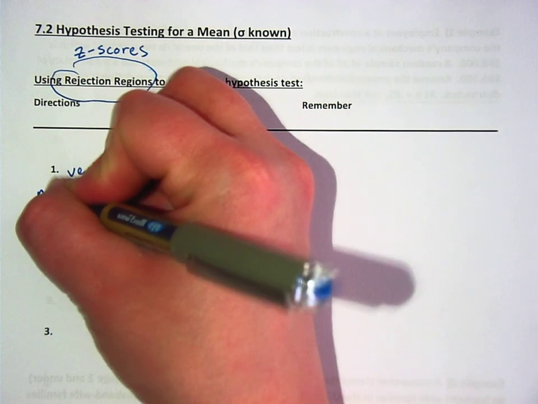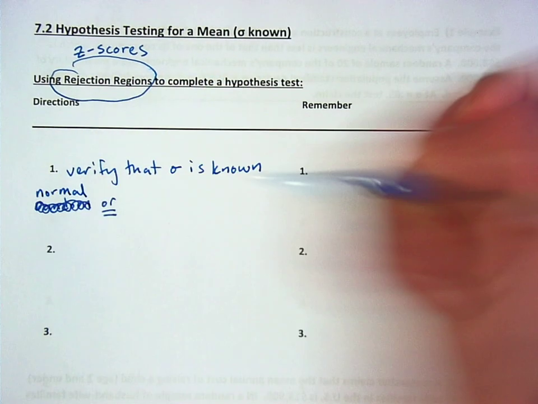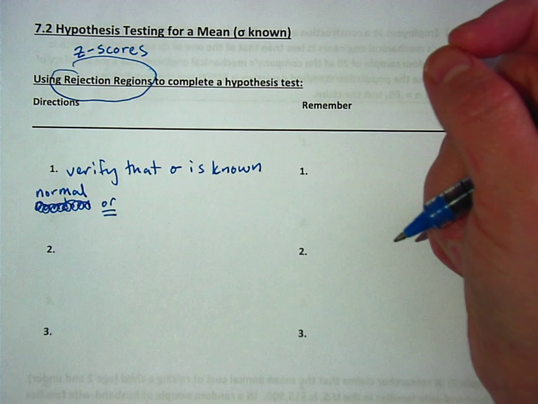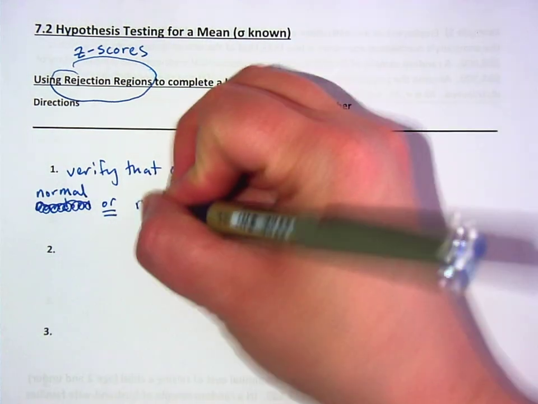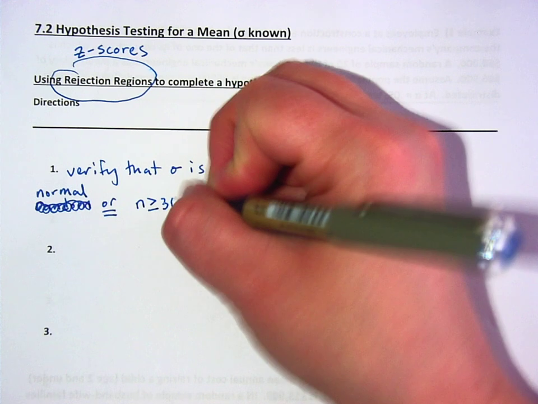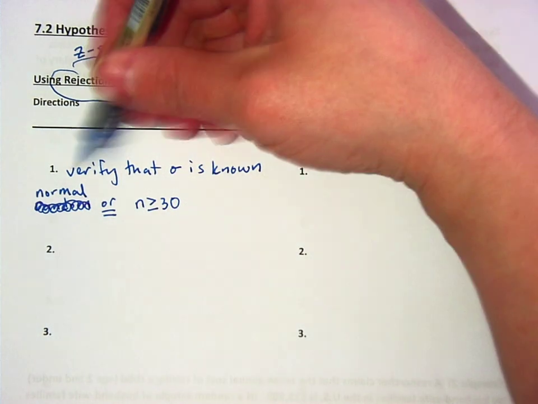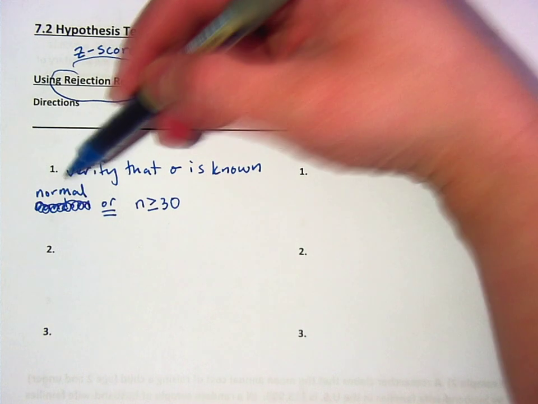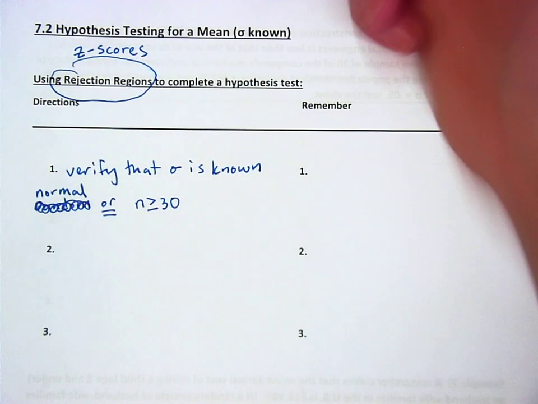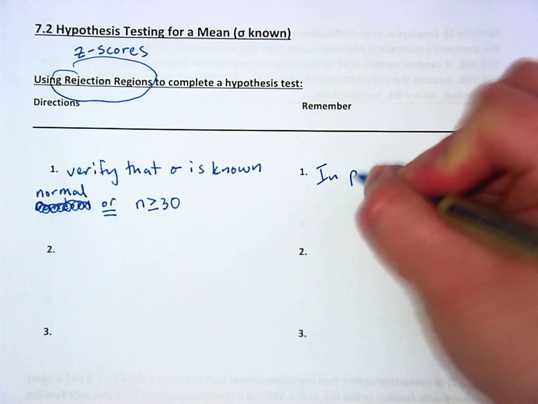So it's normal or, do you guys remember the central limit theorem? Is it 30? Yes, n has to be greater than or equal to 30. So this top one is required. Sigma has to be known, and then it has to be normal, or n has to be greater than or equal to 30. This is in the problem.